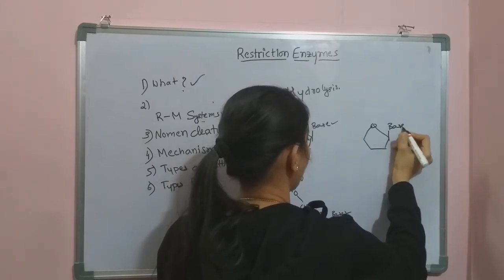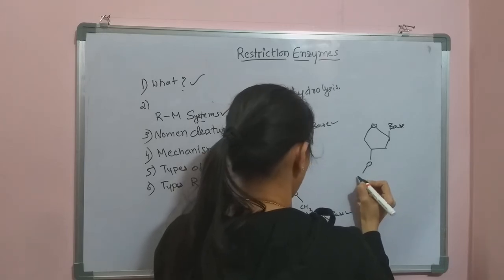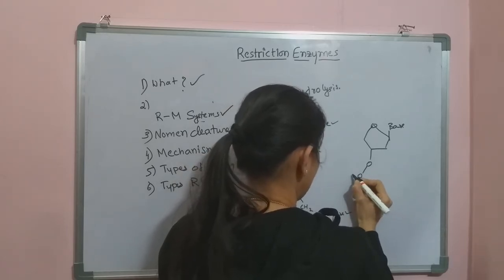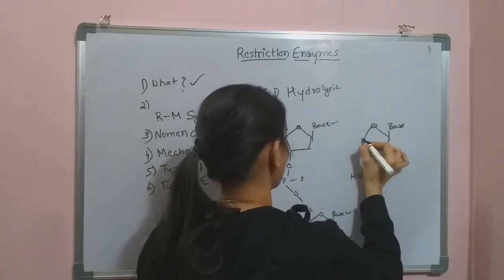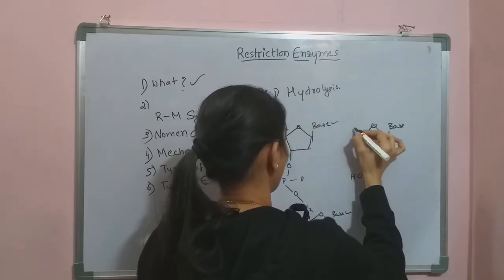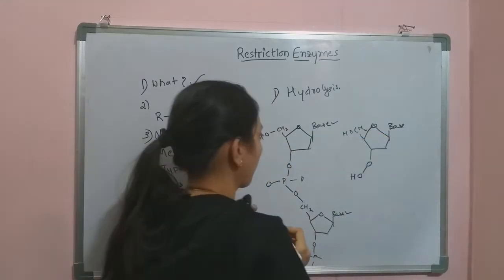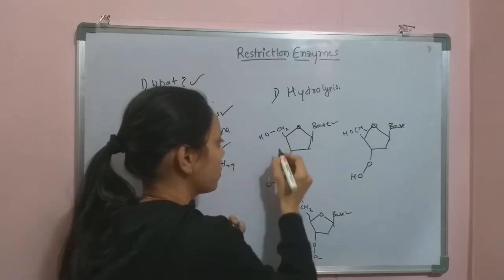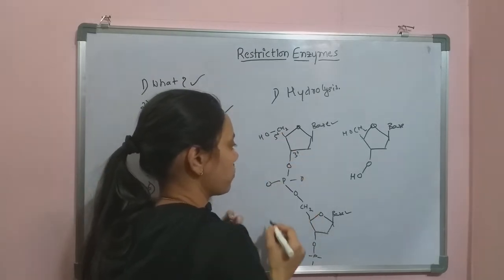Here will be base, it will be oxygen, and so this is 5 prime, right, and this is 3 prime.